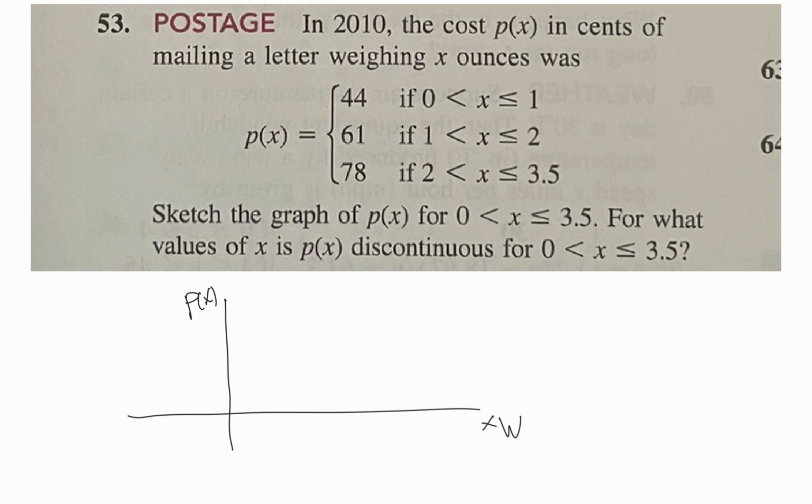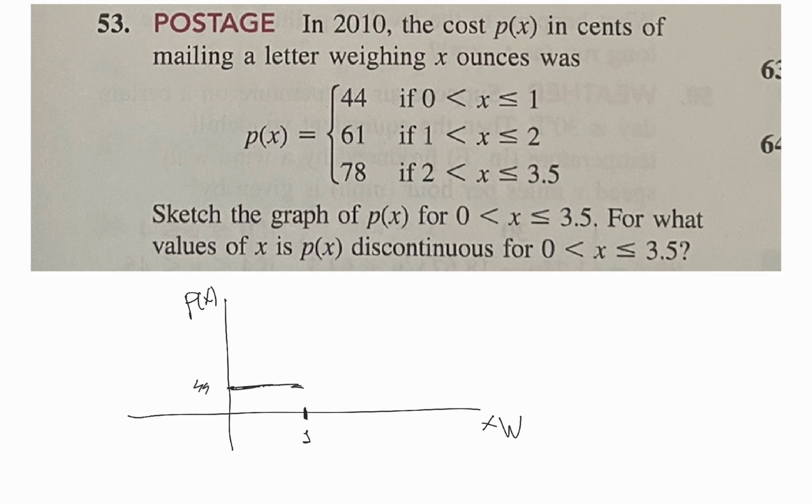So when any letter is between 0 and 1, 0 doesn't exist. So 0 is not contained in this interval. 1 is contained in the first interval from 0 to 1, the cost is 44. So let's say 44 here. So the value is always 44.